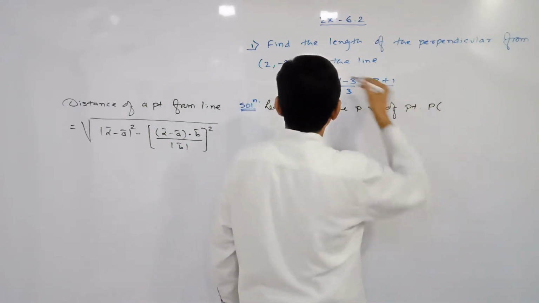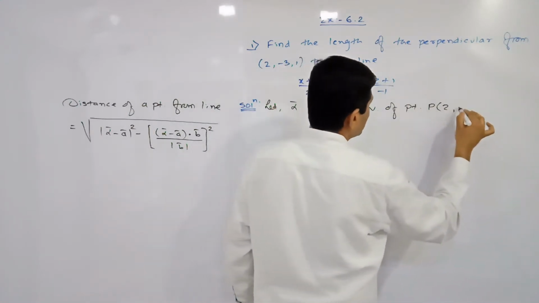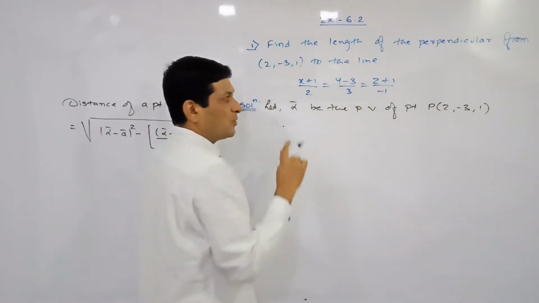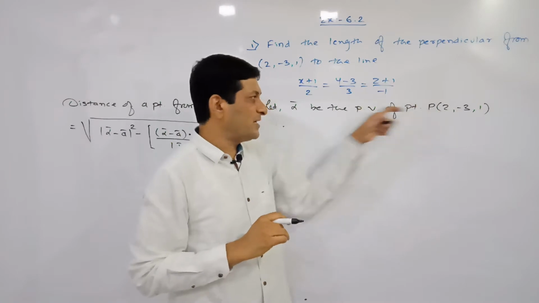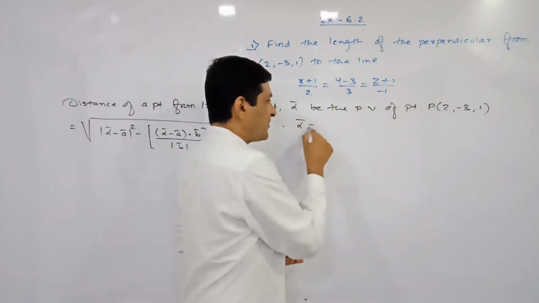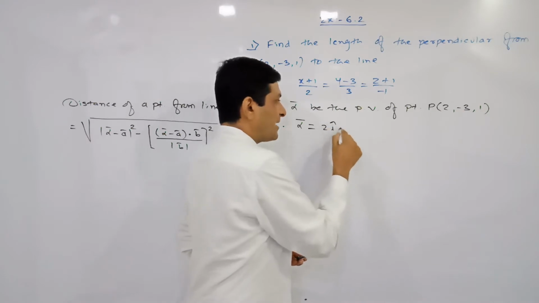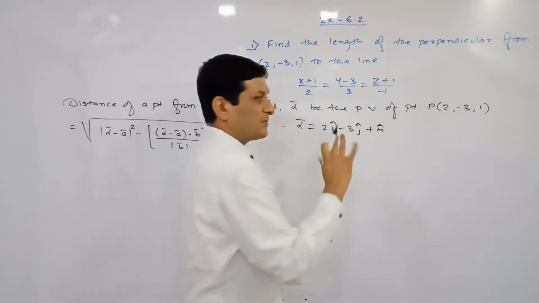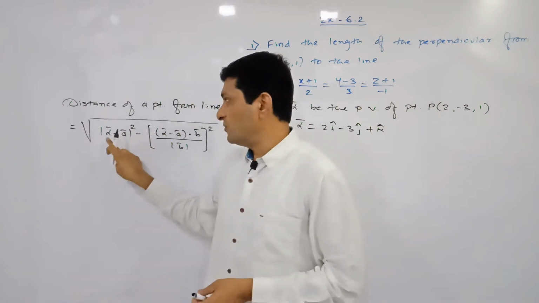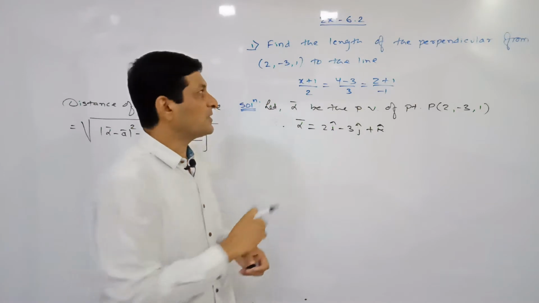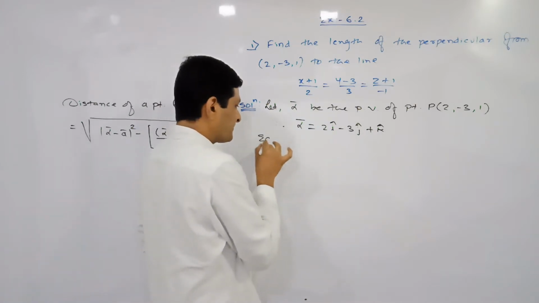Let us denote that point by P, and its coordinates are 2, -3, 1. So from the coordinates of the point, alpha bar will be equal to 2i cap minus 3j cap plus k cap. So our first value is known to us. Which value? Alpha bar.